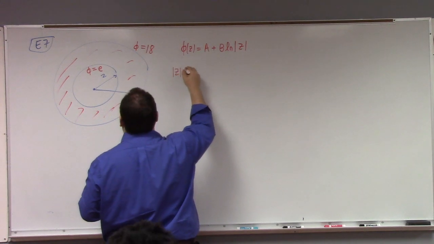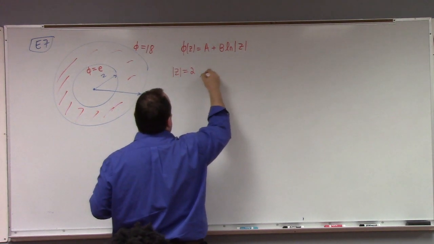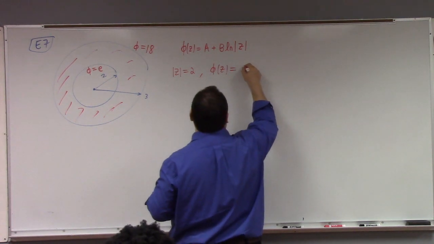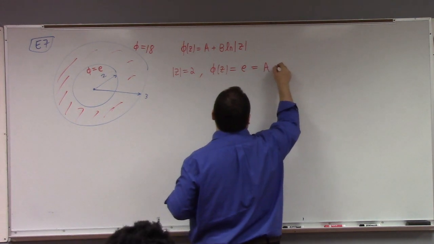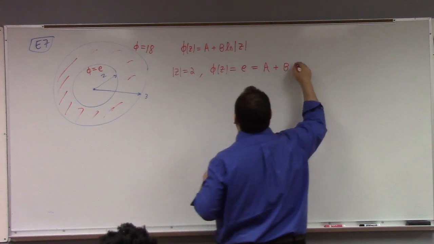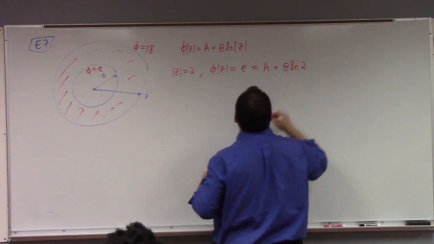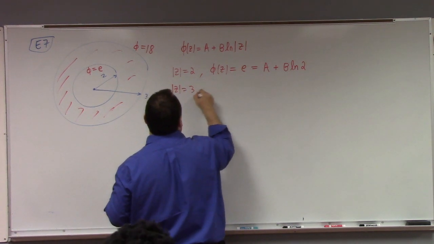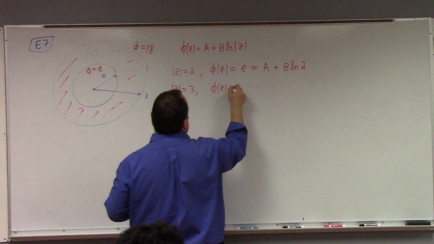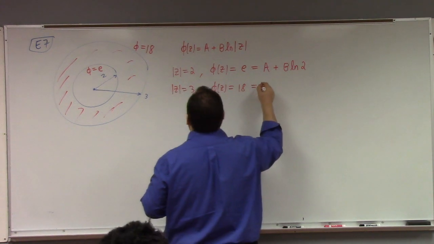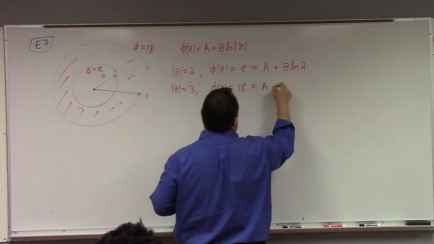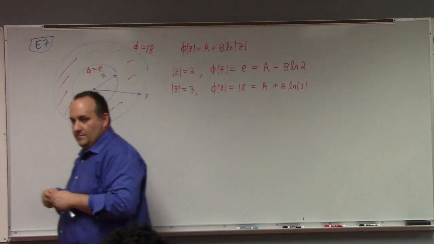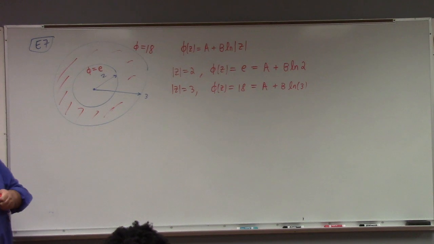And then suppose you've got modulus of z equals 2, then phi of z is equal to e, which is a plus b natural log of 2. And on the other hand, if the modulus of z is 3, then phi of z is equal to 18, which is a plus b natural log of 3. Two equations, two unknowns.